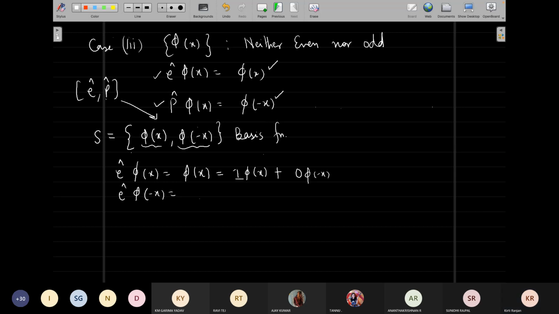This will be phi of minus x. So how can you write it now? Expand it: 0 phi x plus 1 phi minus x. Now, can you give me my third representation of E, which is a 2 cross 2 matrix?